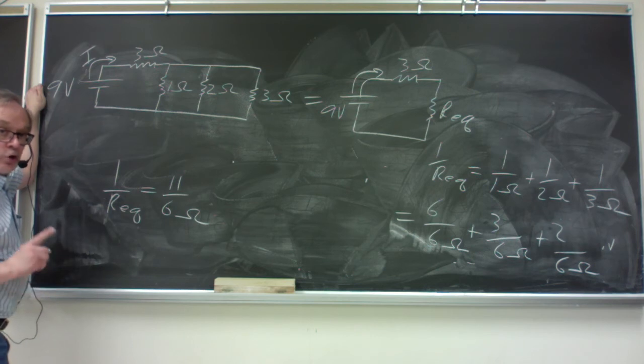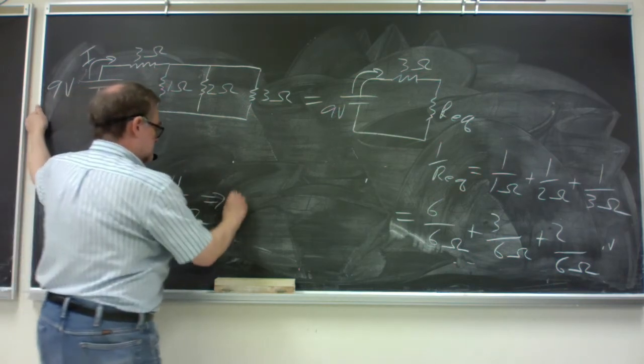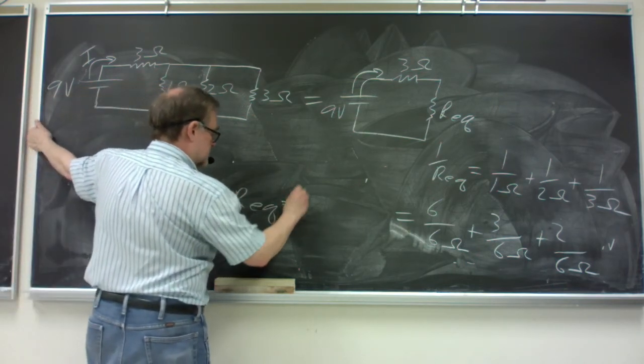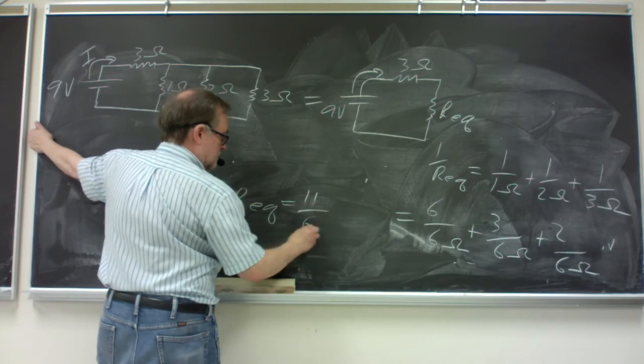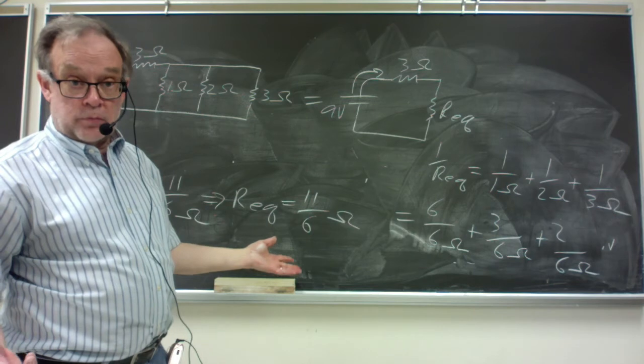That's 1 over the equivalent resistance. So the equivalent resistance itself is 11 over 6 ohms, just slightly less than 2 ohms.